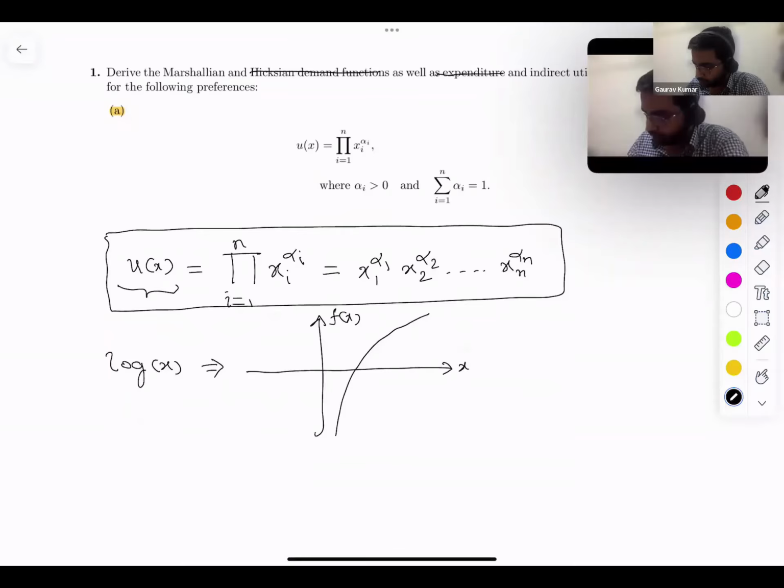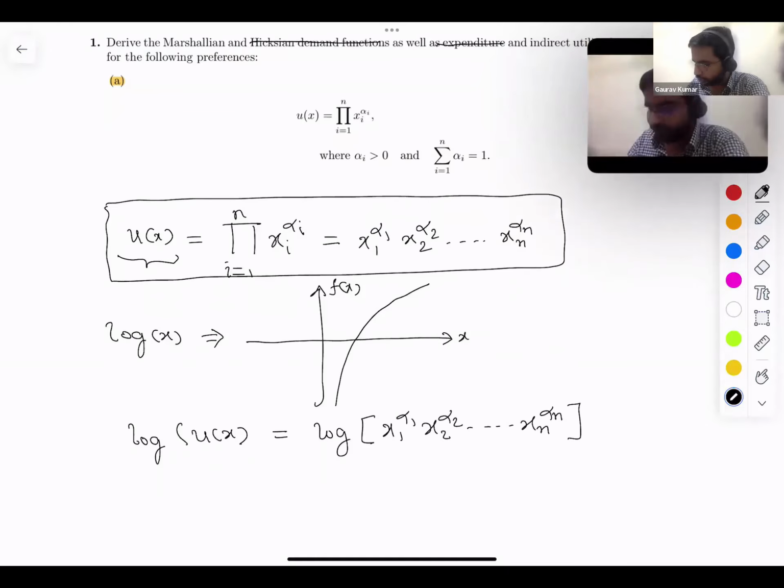So let's take log on both the sides. Once we have taken log, we can use the property of log.